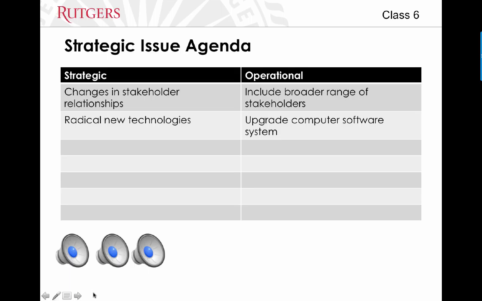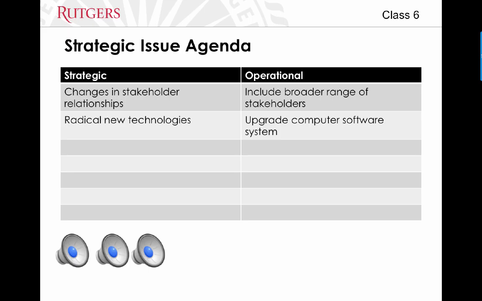If one of the issues for our organization was to include a broader range of stakeholders, that would simply be a means of trying to increase the stakeholder capacity that we have. This perhaps would not be a strategic issue, but more operational in nature, a technical fix. Similarly, if we wanted to upgrade our computer software system, this is not necessarily a strategic issue.